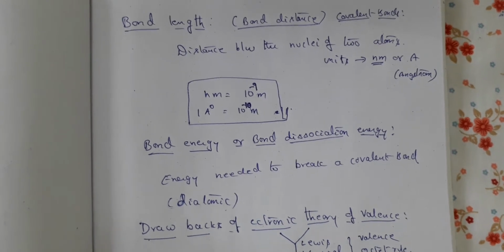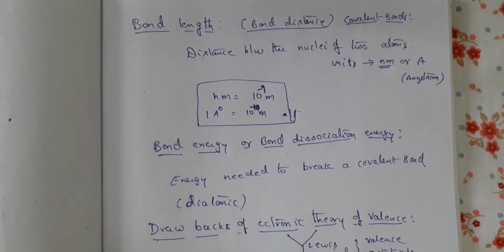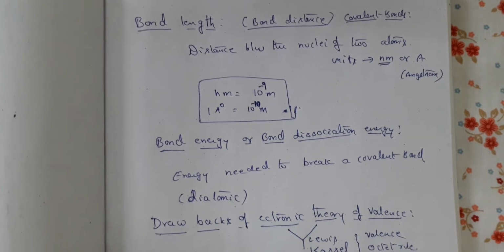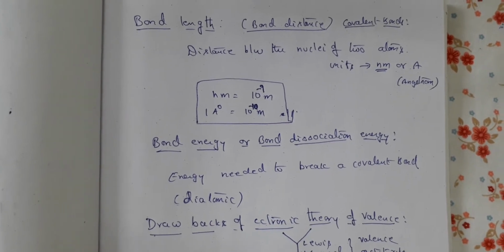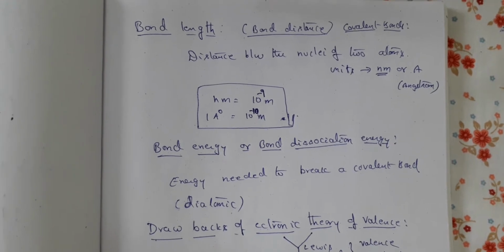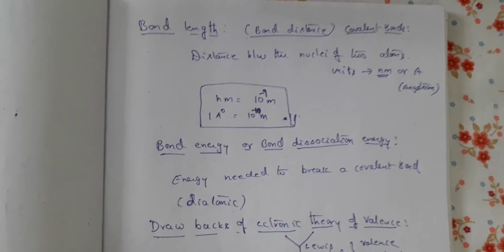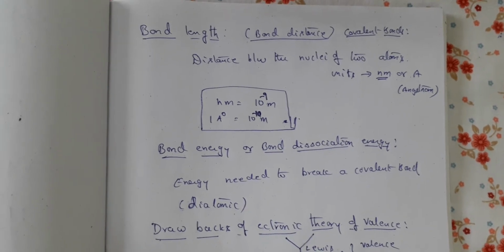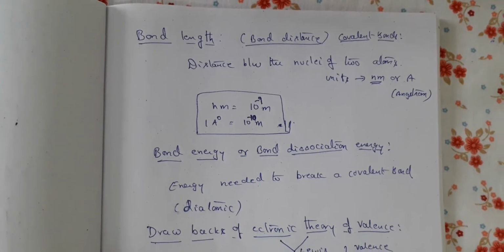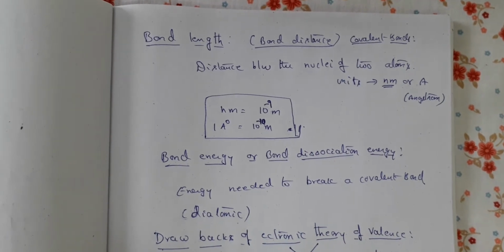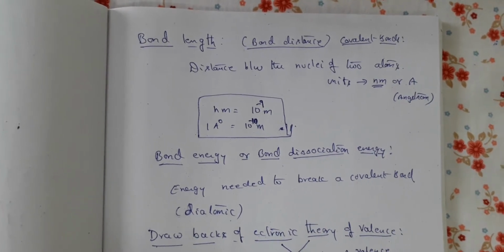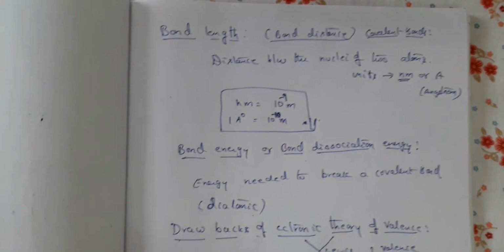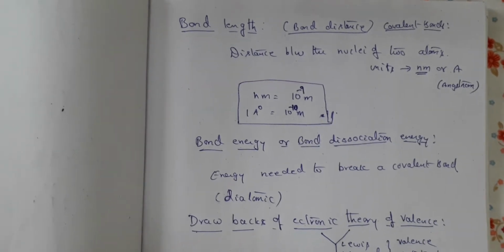According to the electronic valence theory, the covalent bond is defined in such a way that each atom participating in the covalent bond contributes one electron for sharing. That means these shared electrons belong to both the atoms.